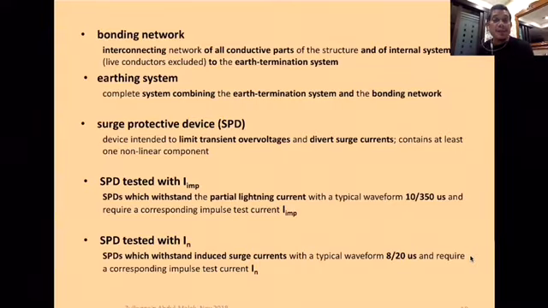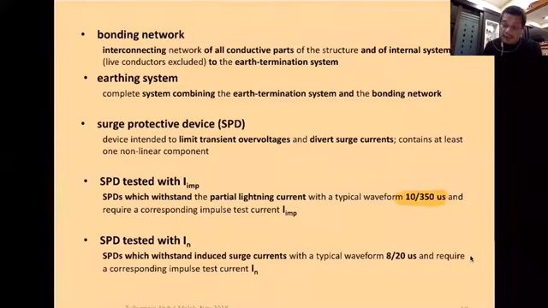When you want to test SPDs, you can test them using many current shapes. For example, you can test them using 10/350 as shown here. So 10/350 means the front time is 10 microseconds and the tail is 350 microseconds.